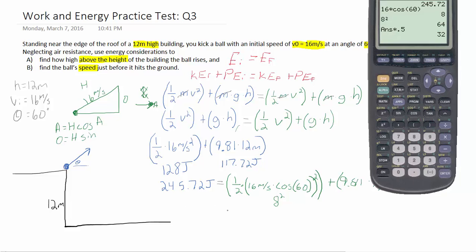So that gives us, for this first part, 32. And we have 9.81 times height over here. So 245.72 joules equals 32 plus 9.81. All right, so we need more room here.